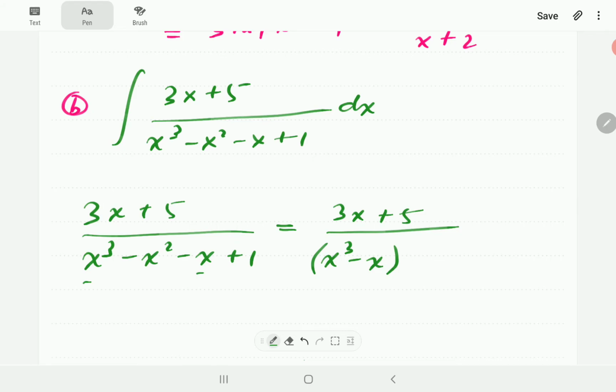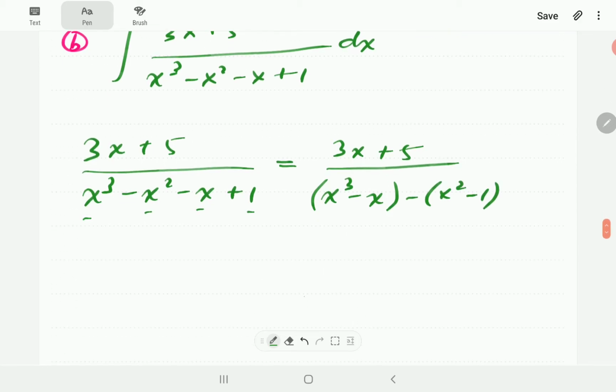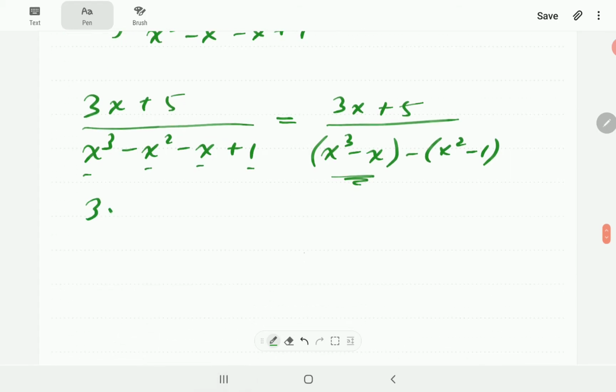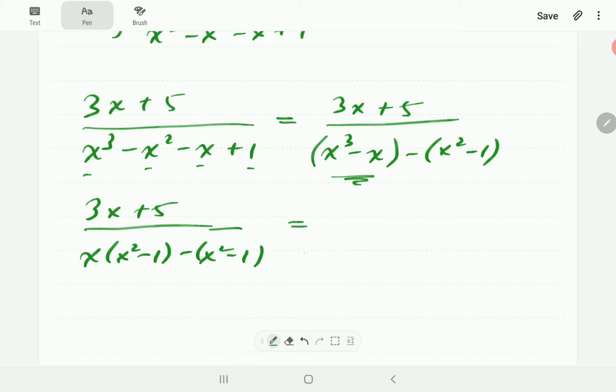Then the second and the last we can write as x squared minus 1, like that. Then we're going to factor out x here. So we're going to have (3x plus 5) all over x into (x squared minus 1) minus (x squared minus 1).